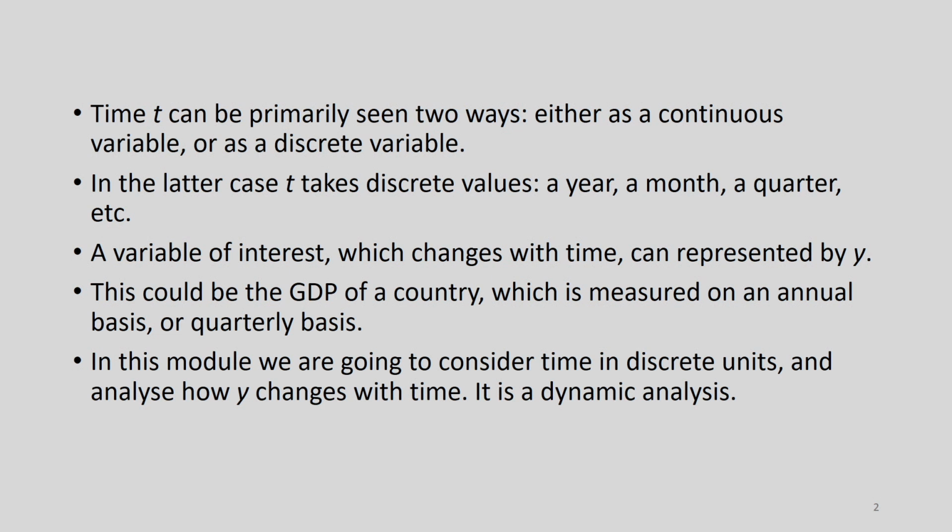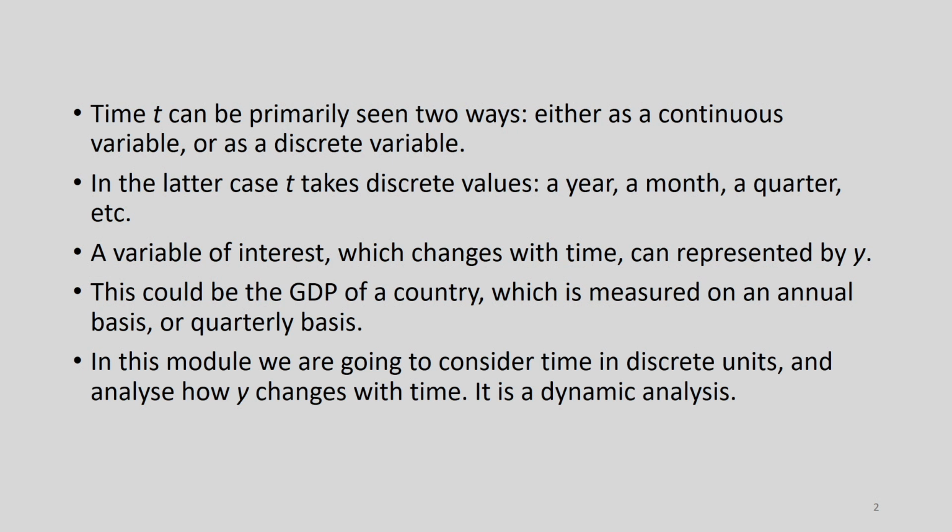Since we are talking about time t, now this t can primarily be seen in two ways, either as a continuous variable or as a discrete variable. If you are taking time as a continuous variable, then it means t can take any possible real value within any interval.